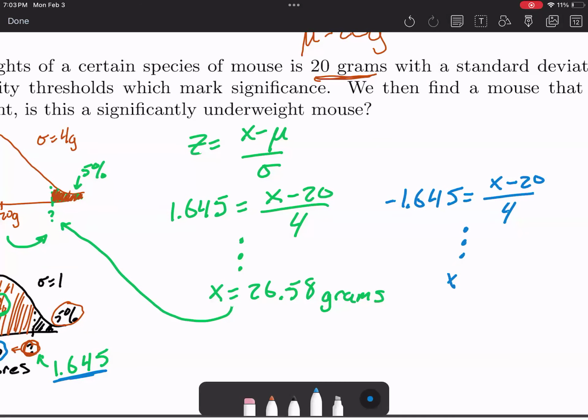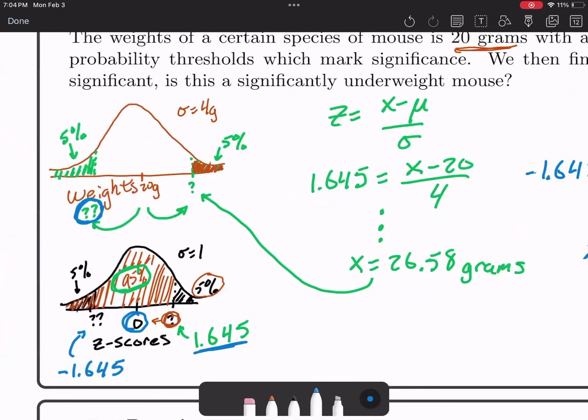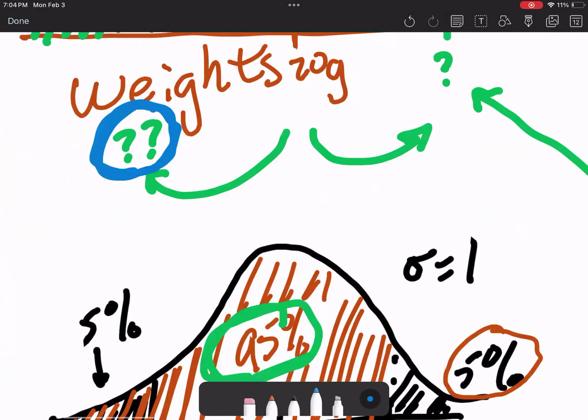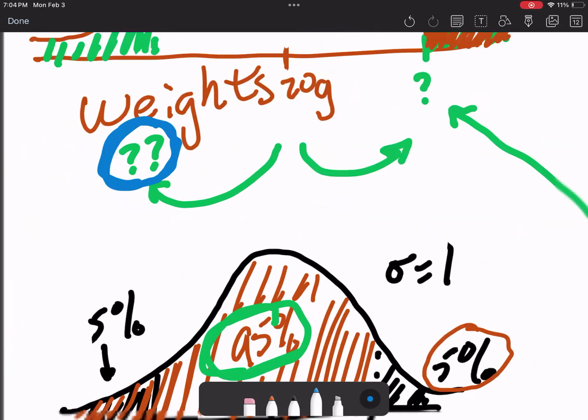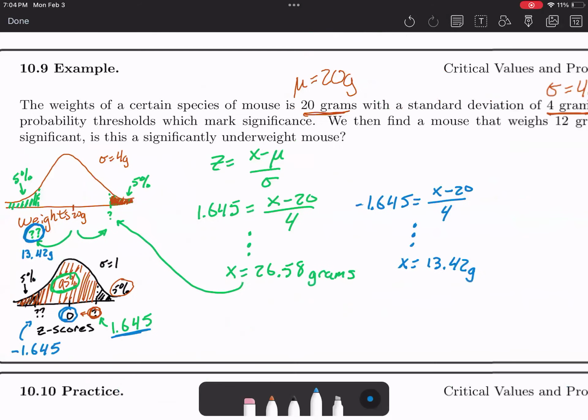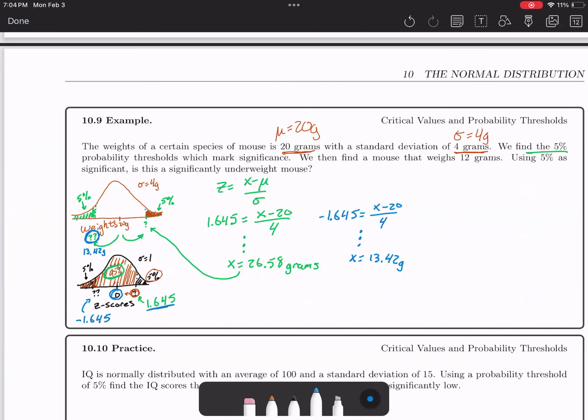In solving this, you find that the x value is 13.42 grams. So this point right there is 13.42 grams. So a mouse that weighs less than 13.42 is very unlikely. You only have a 5% chance of that happening.